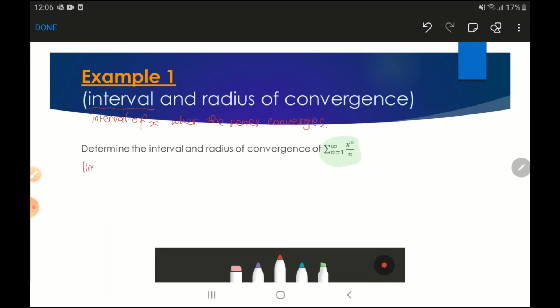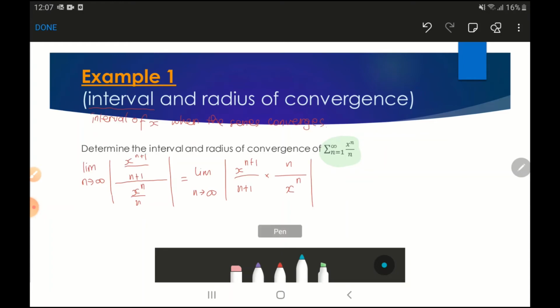So we will have the limit as n goes to infinity of a n plus 1, which is actually x to the n plus 1 over n plus 1, over a n, which is x to the n over n. So we have the limit of x to the n plus 1 over n plus 1 times n over x to the n.